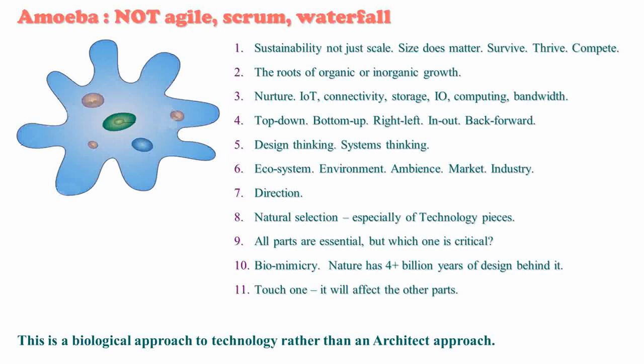Another interesting aspect of this is that we can evolve if we absorb certain technologies, and if the technology is not effective or it drops out of the market or there's a new technology, we are quickly able to replace those components because of this approach. But at the same time, all parts are essential. I've discussed this earlier in other videos, where you approach this as a frog-like system or a bicycle-like system.